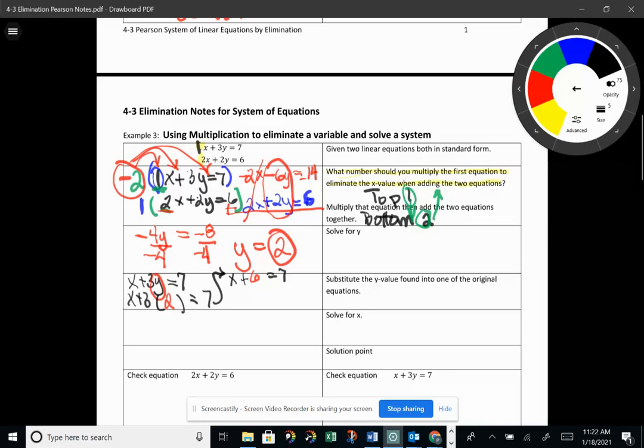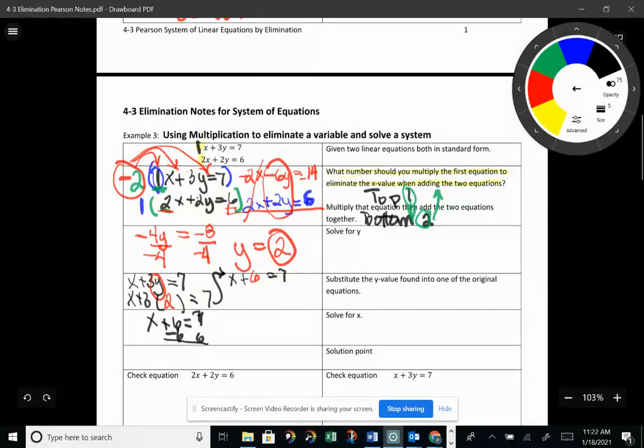So now I've got x plus 6 equals 7, and I'm going to subtract 6. That's a 7, by the way. And that cancels out. So x is equal to 7 minus 6, which is 1.